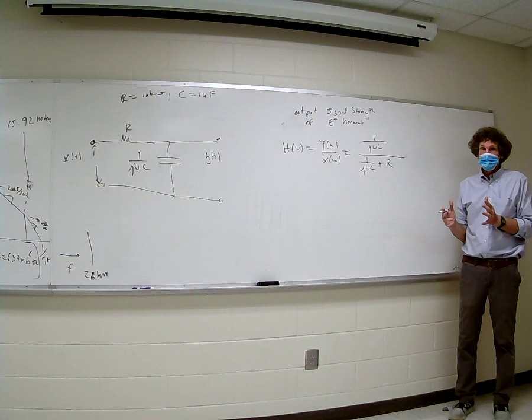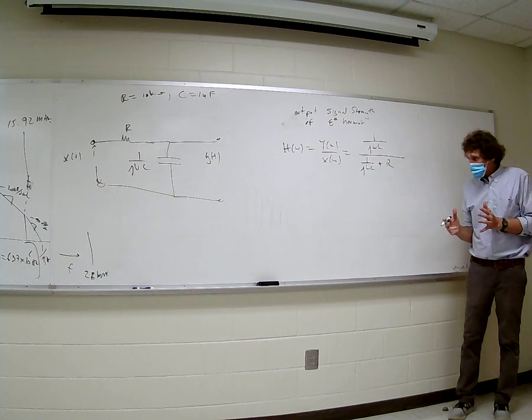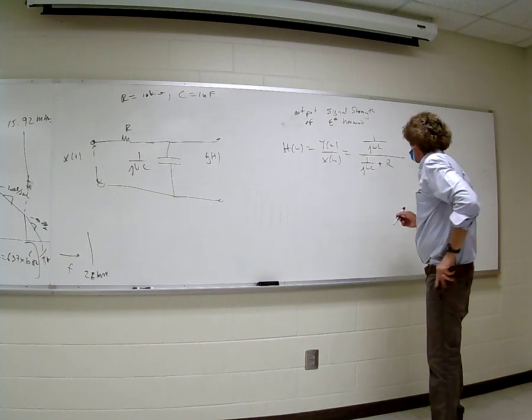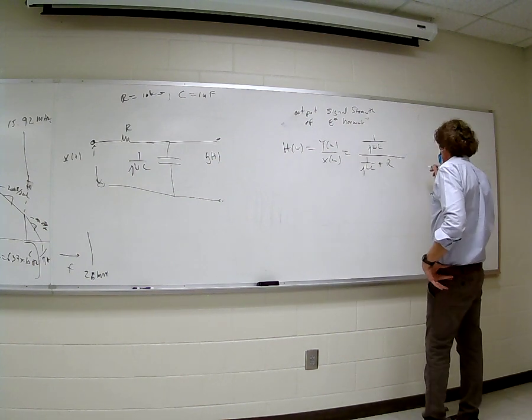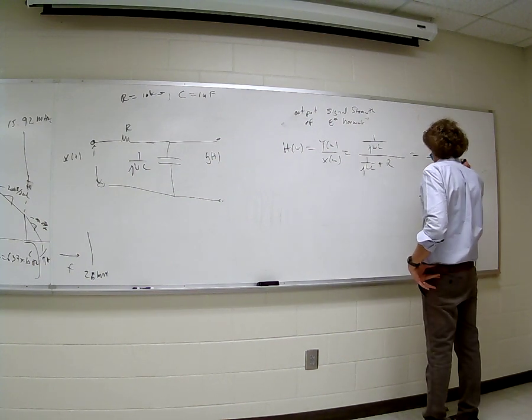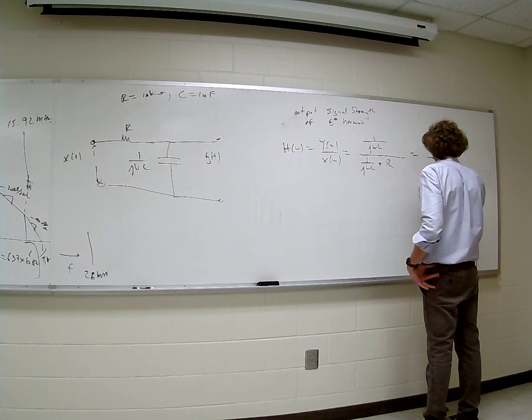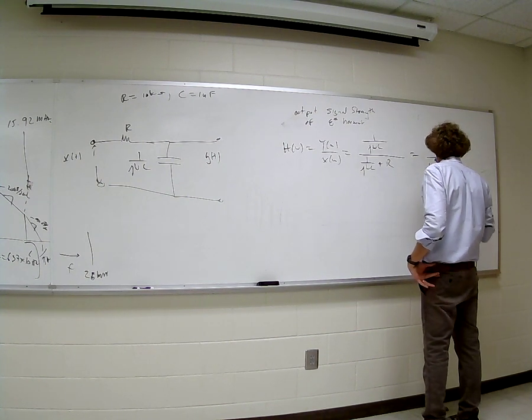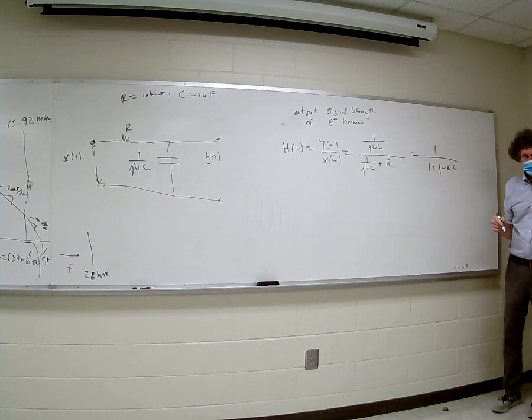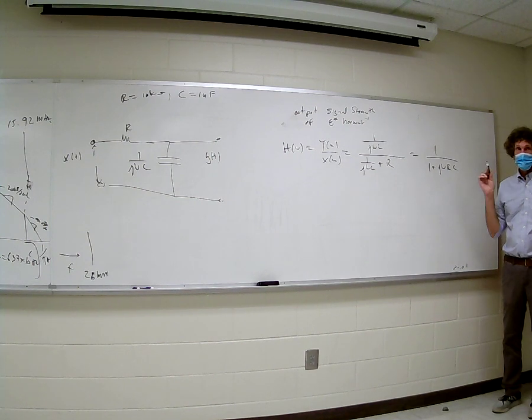It's a simple voltage division. Do you all agree? We're going to talk about output voltage. So if I multiply top and bottom by j omega C, I get 1 over 1 plus j omega R times C. Agreed? With me? Jack? Jake? Are you okay with this, everybody?